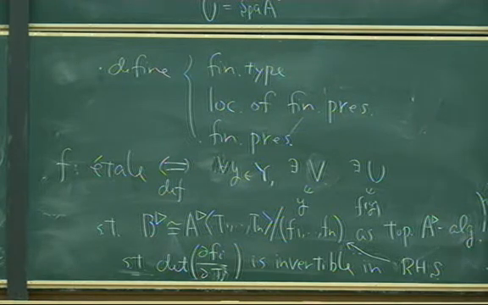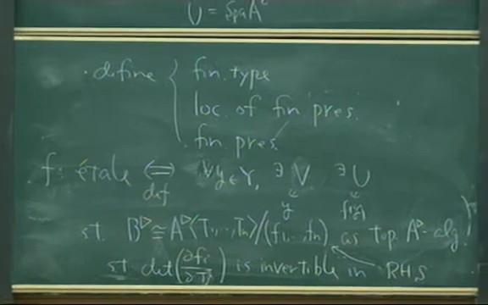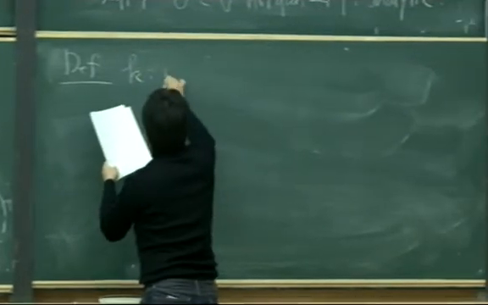The definition of a rigid space is now very simple. Let K be a non-Archimedean field.